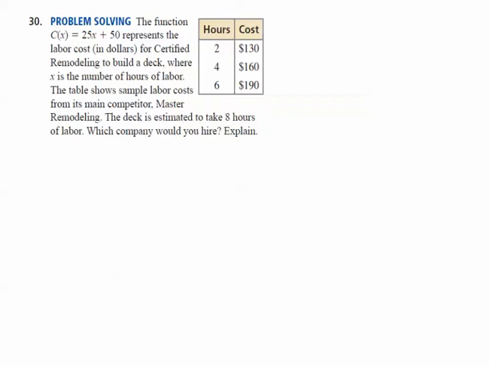All right, so with the first, where we're given a function, remember that if c of x is equal to 25x, where x is the number of hours, plus 50, if you think the job is going to take 8 hours, we substitute x equals 8 and ask c of 8 is what?